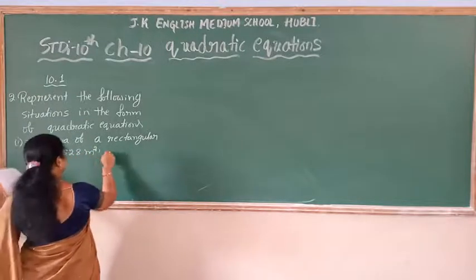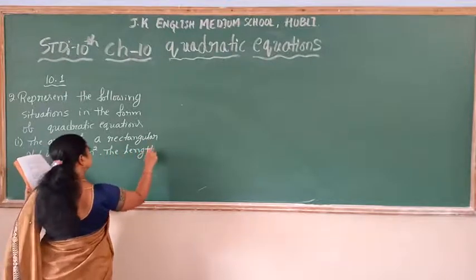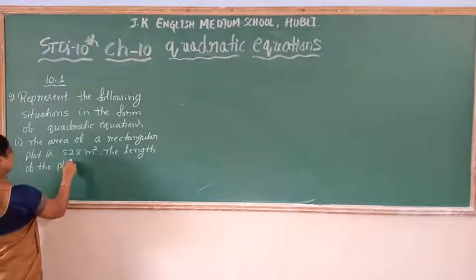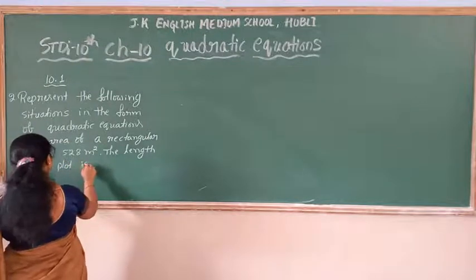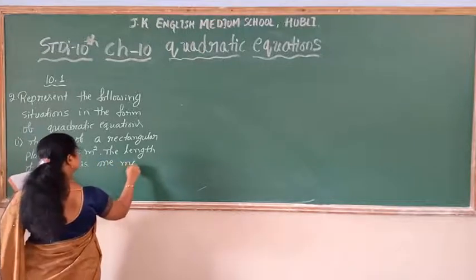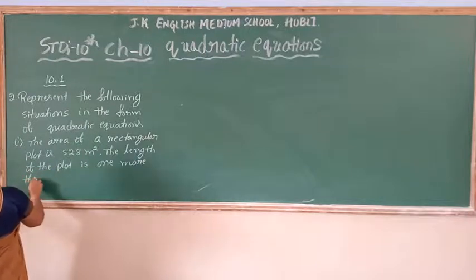The length of the plot, in meters, is 1 more than twice its breadth.